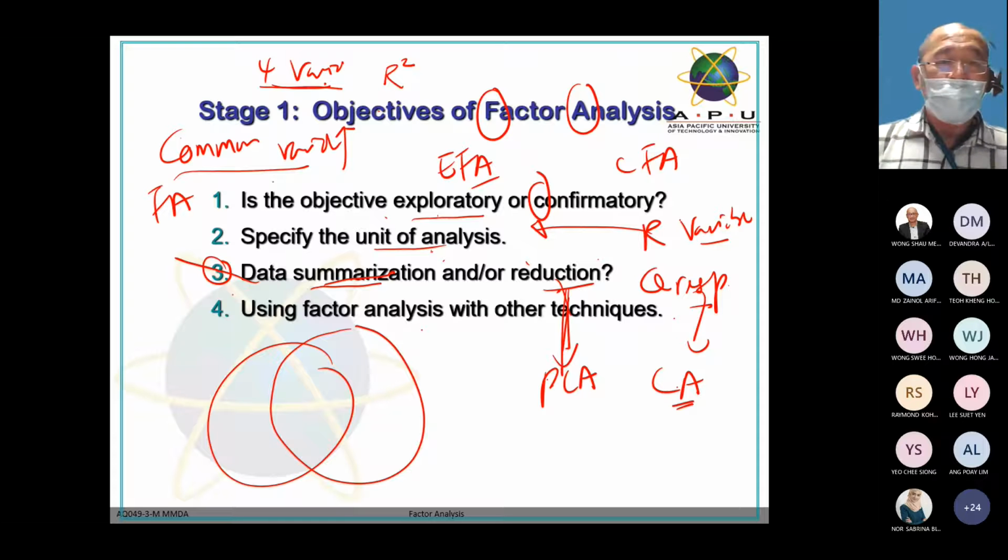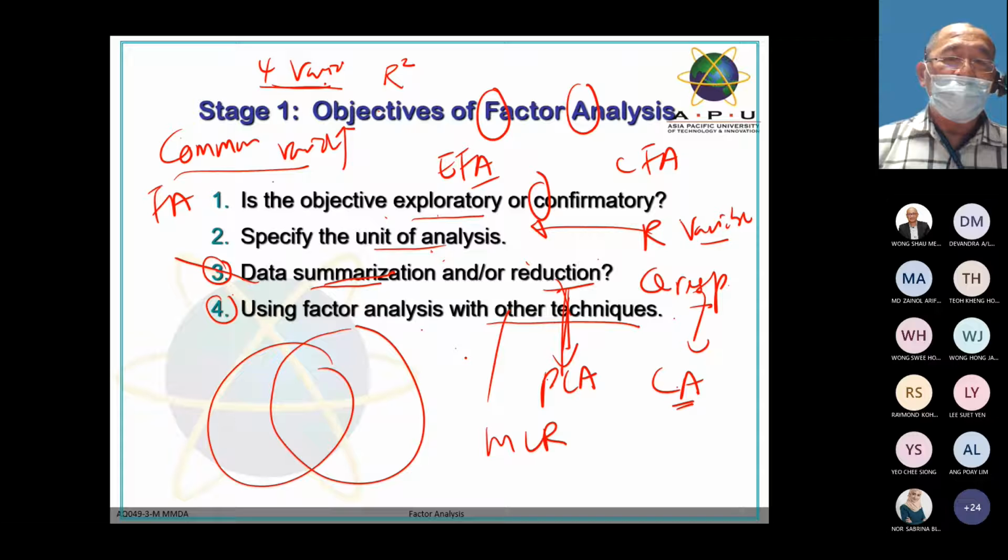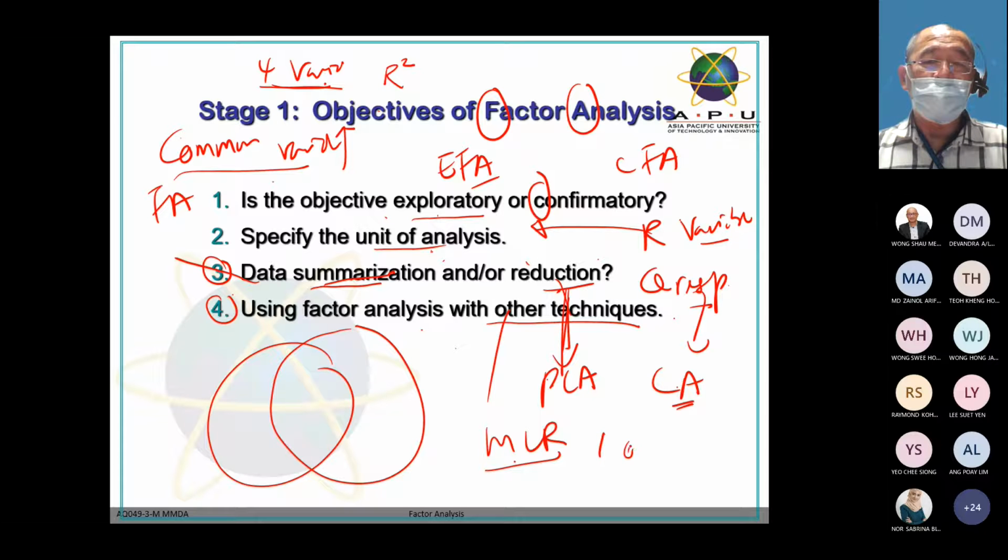Now we also can use factor analysis with other techniques. It means the result that we get from factor analysis may be used in another technique, for example multiple linear regression. In multiple linear regression, it is not too flexible. It only wants one column of data to represent one variable.